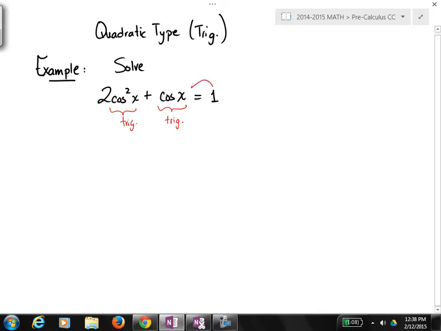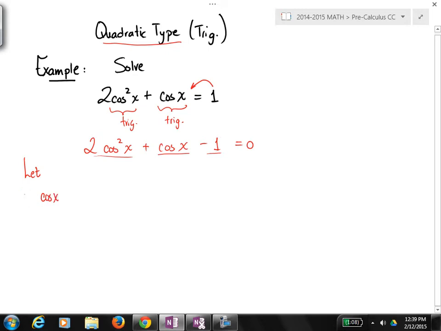But instead, what I'm going to do is move it over so that I can recognize that it is a quadratic type equation involving trig. So I have 2 cosine squared of x plus cosine of x minus 1 is equal to 0. So I have actually 3 terms. But like I did on the previous problem, I'm going to let u equal cosine of x.